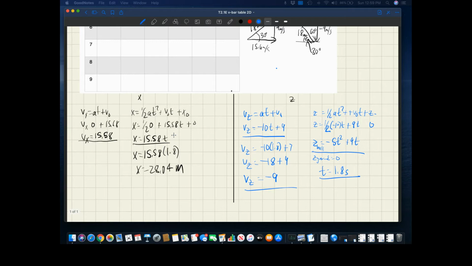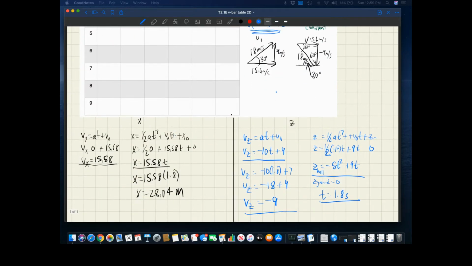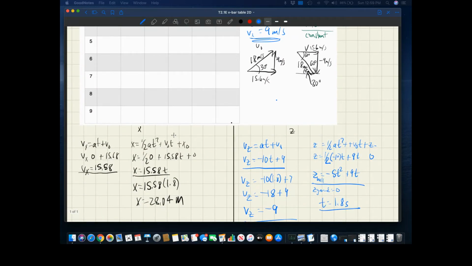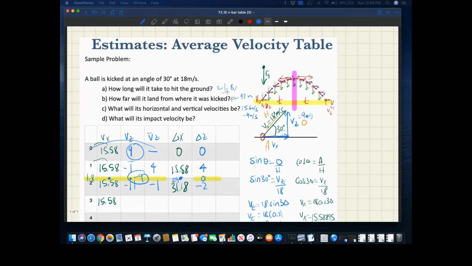And the nice thing about doing both a table and the analytic is you can catch mistakes like that one. Whoops, I filled out my table incorrectly. Whoops, I did my calculation incorrectly. And each one checks the other. So going back up to our table now, we know exactly that's the case. Not 42, but it's 28 meters. And the horizontal impact velocities we had correct.